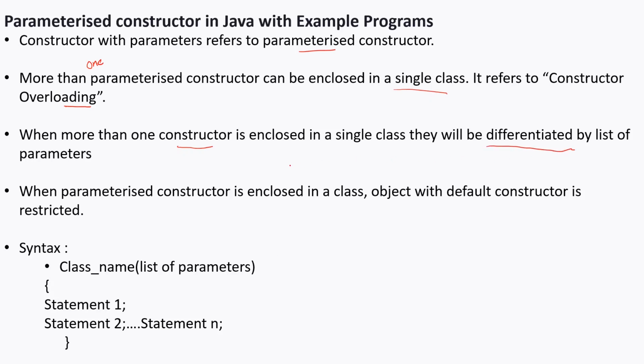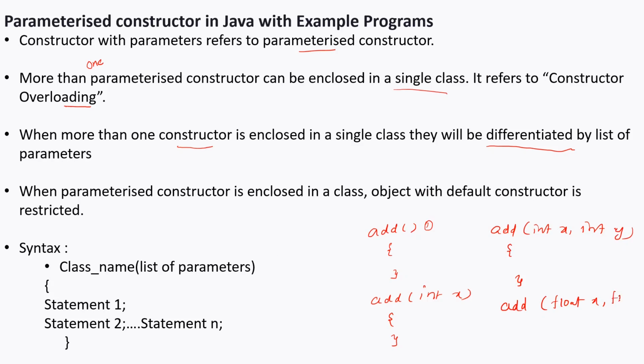I'll say this. When you are enclosing more than one constructor, suppose I'm enclosing one constructor by the name add. One constructor is completed, right? I've just written some statements. Then I'm going to create one more constructor. Now this can be with int x, one parameter. Now I can create one more constructor with the same name, add int x comma int y. In the same way, I can create one more constructor, add with float x comma float y.